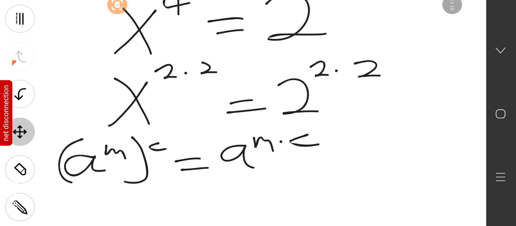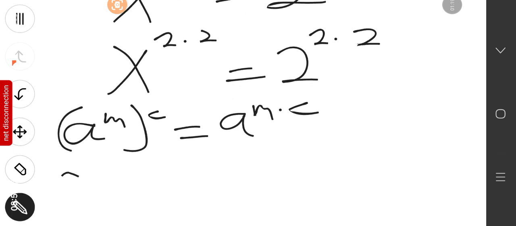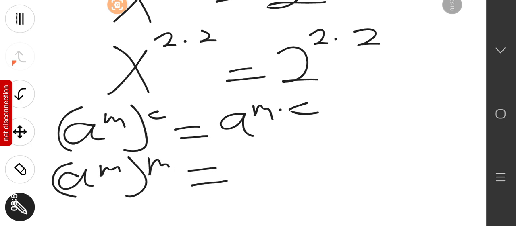So a exponent m, raised to another exponent n, equals a exponent m multiplying the exponent n. Let's apply this to our equation.